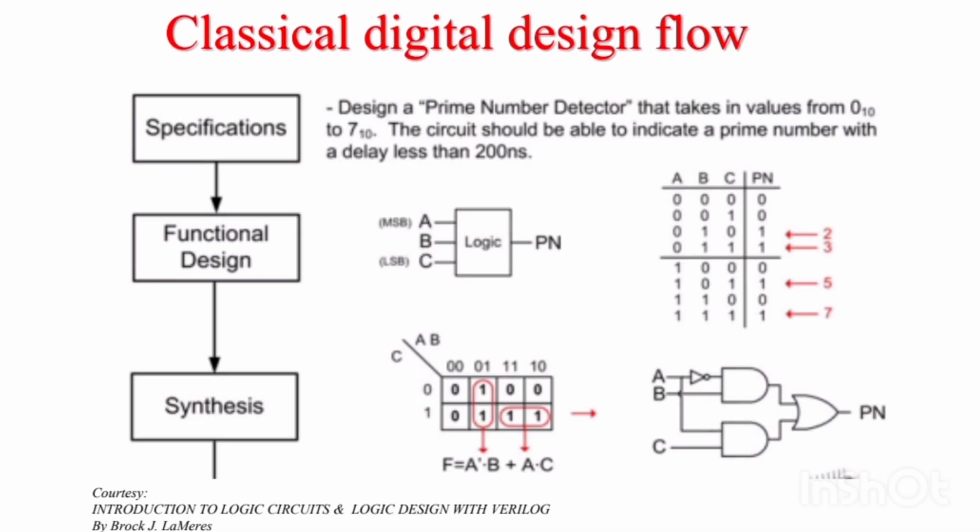The third step is synthesis. That's about getting a netlist, that is, the components used and their interconnections should be obtained from this step. As shown, the K-map or Karnaugh map is used over here to indicate the reduction process. Then the resulting gate level circuit is shown towards the right side.